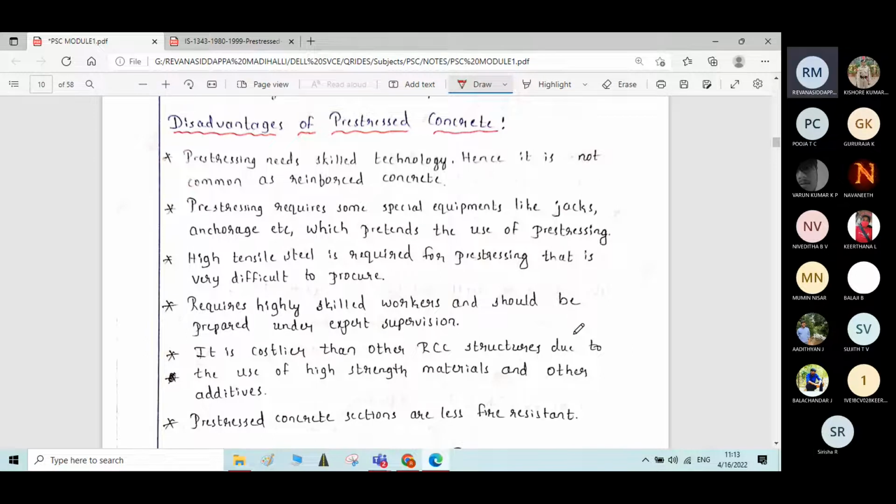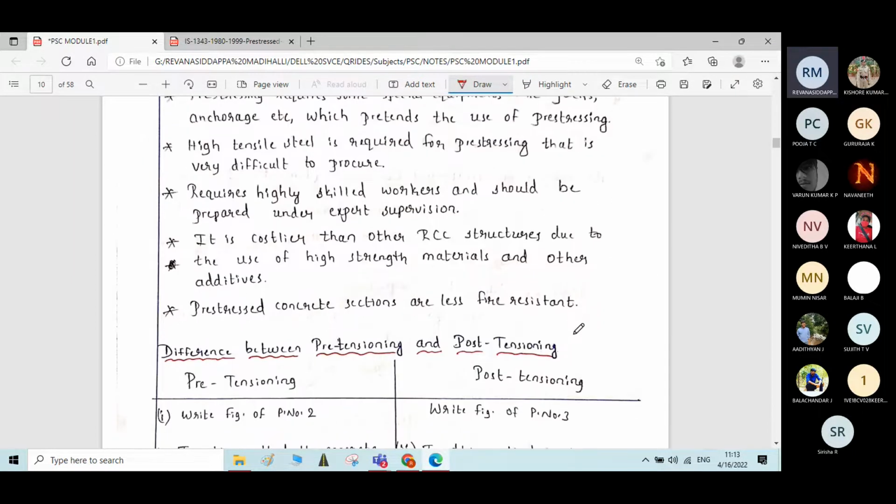Then, as I said, it requires highly skilled workers and should be prepared under expert supervision. Skilled laborers are required for the construction of PSC. Coming to cost comparison, it is costlier than RCC structures due to the use of high strength materials and other additives. High strength concrete means not only the conventional materials are used. To achieve that high strength, we have to use chemical admixtures and mineral admixtures.